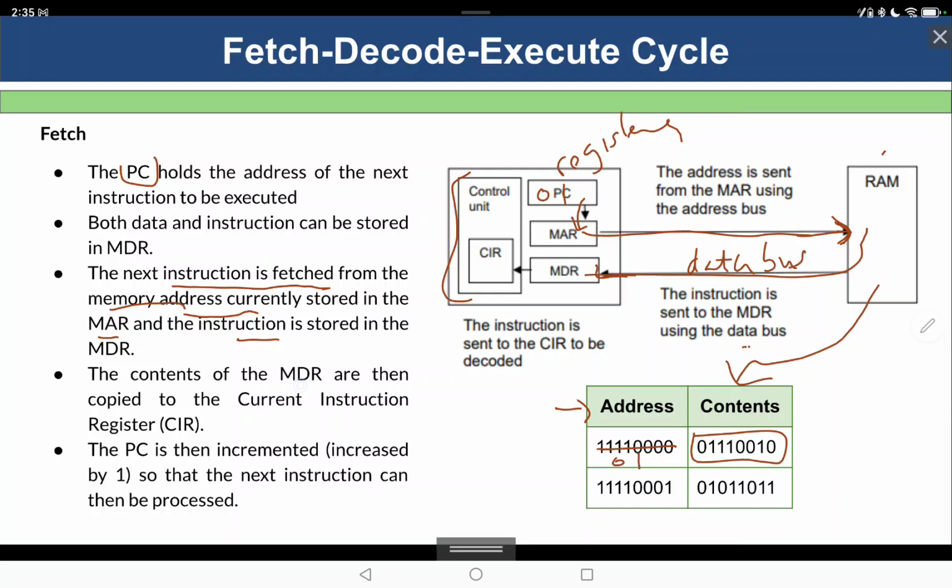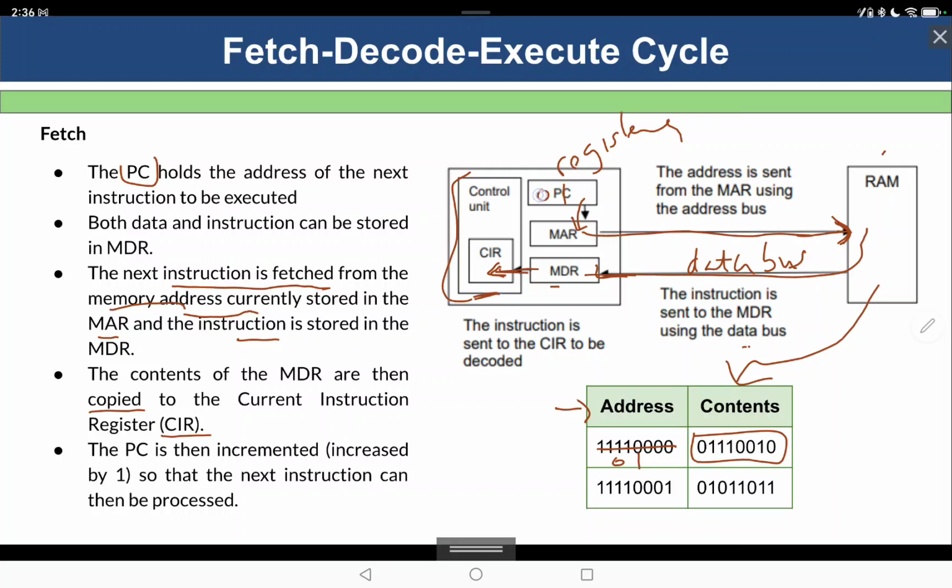Then the content of the MDR is copied to the CIR, the current instruction register. After being copied to the CIR, this is where the instruction will be decoded.